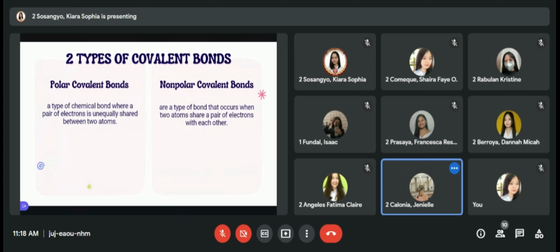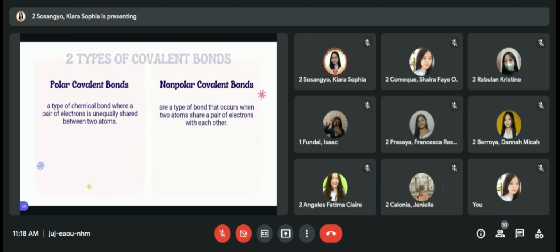There are two important types of covalent bond. First, a polar covalent bond is a type of chemical bond where a pair of electrons is unequally shared between two atoms, while a nonpolar covalent bond occurs when two atoms share a pair of electrons equally with each other.